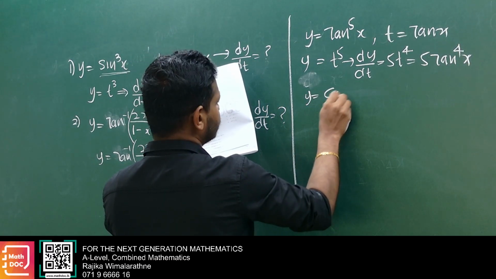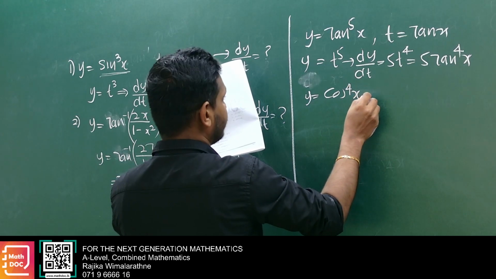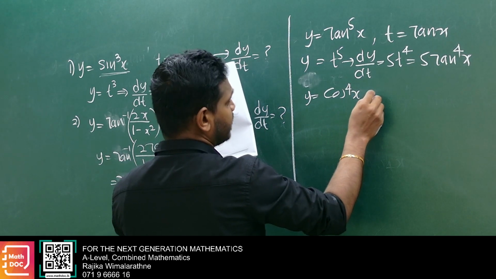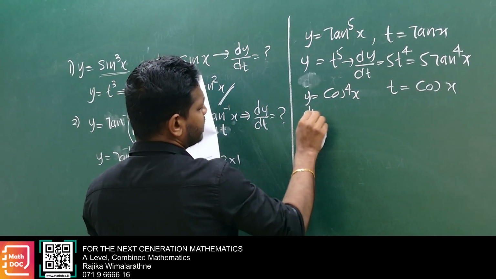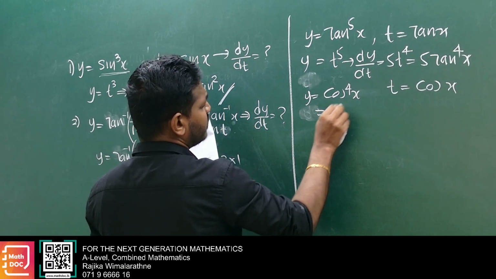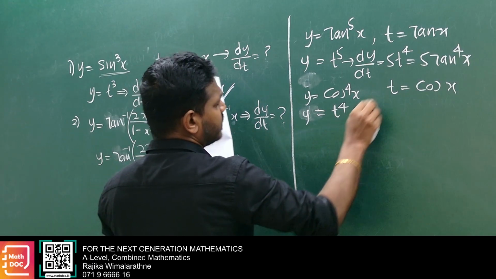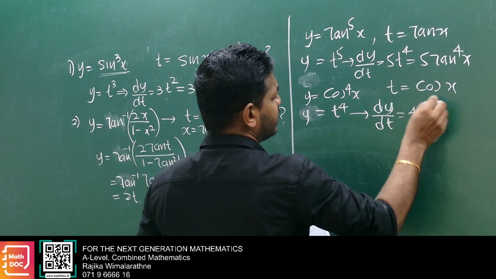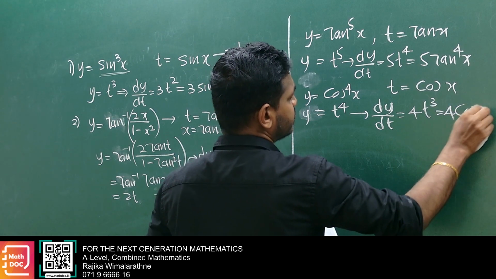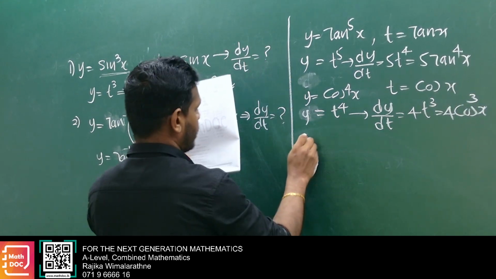Then y equals cos to the power 4 x, with respect to cos x: t equals cos x. Then y equals t to the power 4, dy by dt is 4t cube, where t means cos x.